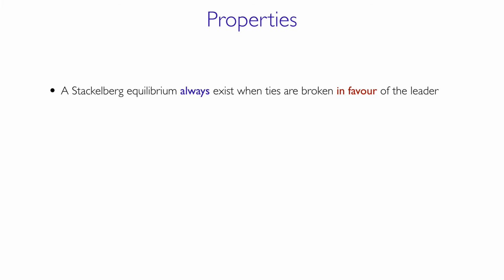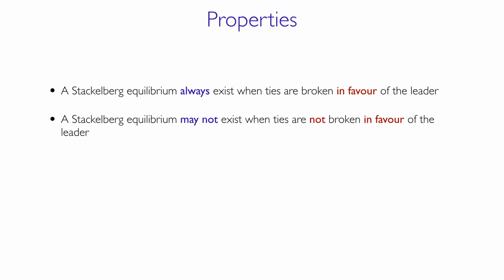We analyze the properties of the Stackelberg equilibrium. First, an equilibrium always exists when ties are broken in favor of the leader. Second, an equilibrium may not exist when ties are not broken in favor of the leader. More precisely, the optimization problem always admits a supremum, but it may not admit a maximum.